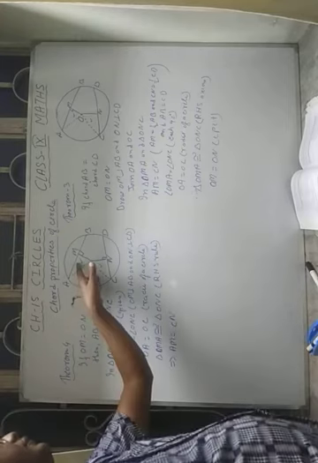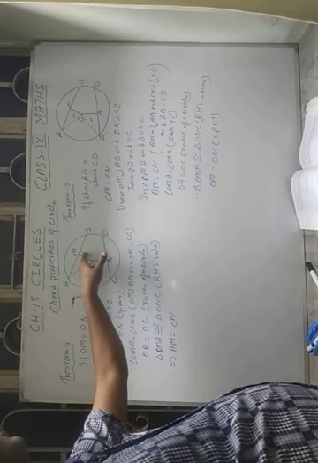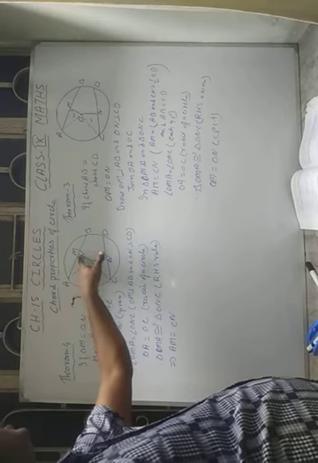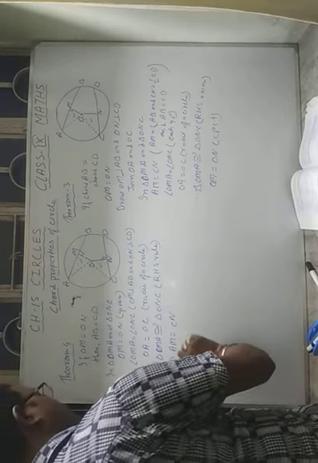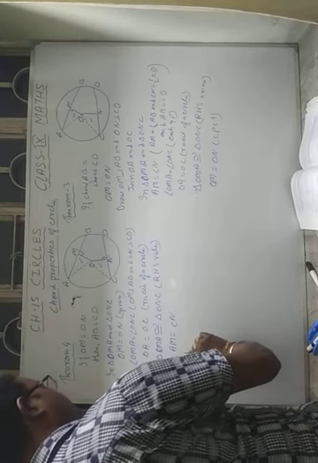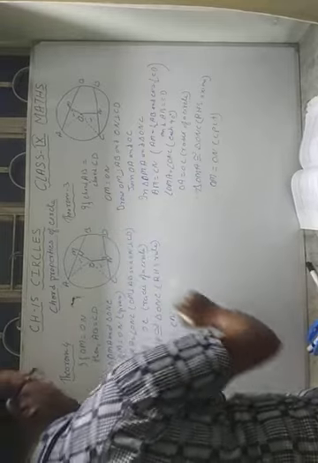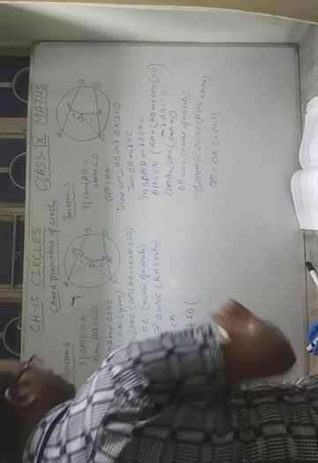Now since AM equals CN, and the perpendicular drawn from the center bisects the chord, AM is equal to half of AB. So in place of AM you can write half of AB, and in place of CN you can write half of CD. Why?